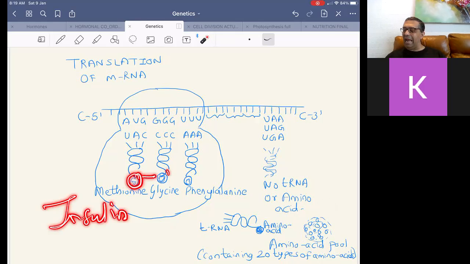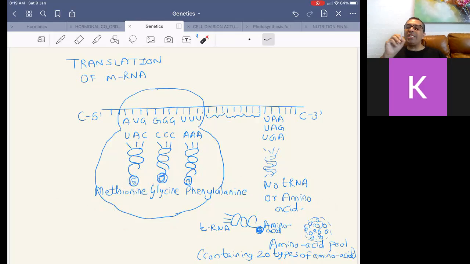Methionine peptide bond, glycine peptide bond, phenylalanine peptide bond, proline peptide bond, amino acid ऐसे. How many amino acids? Approximately 1,000 amino acid. इससे बन गया insulin.